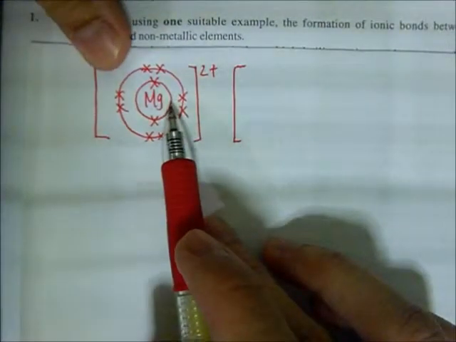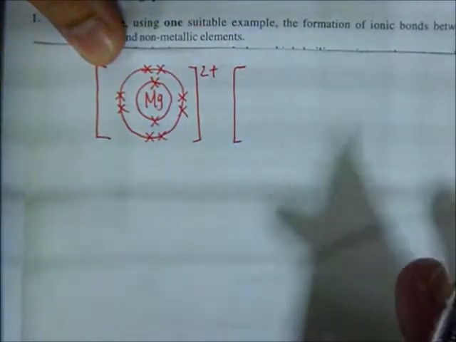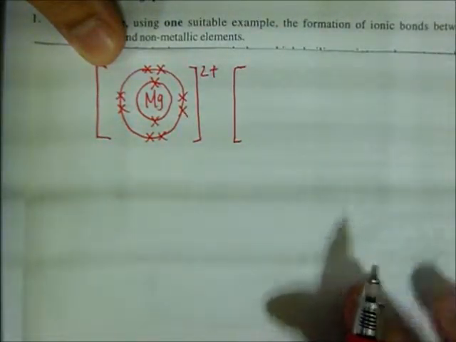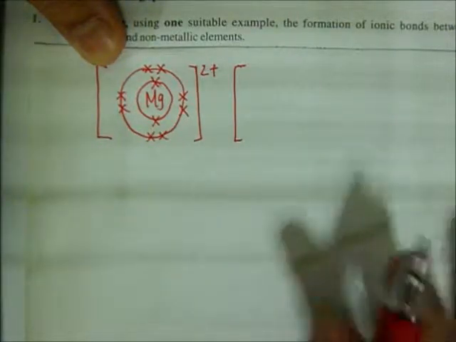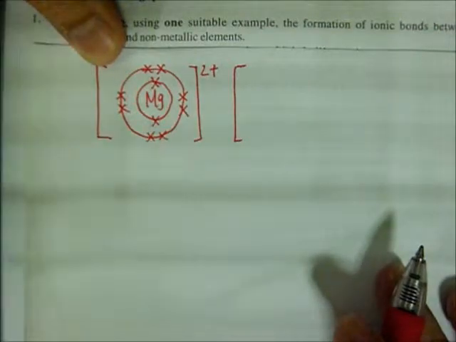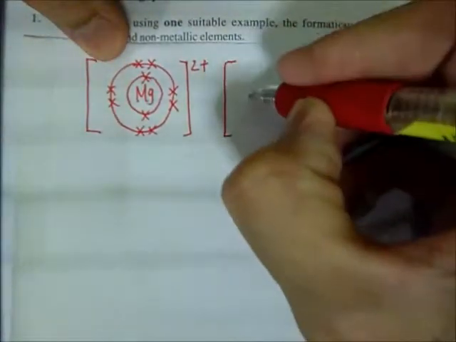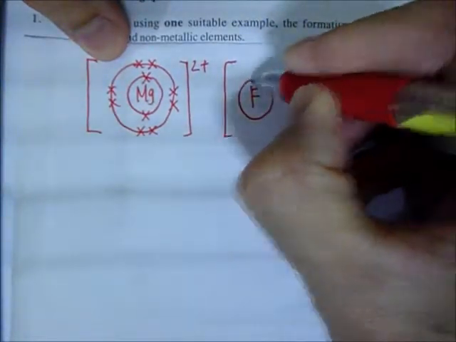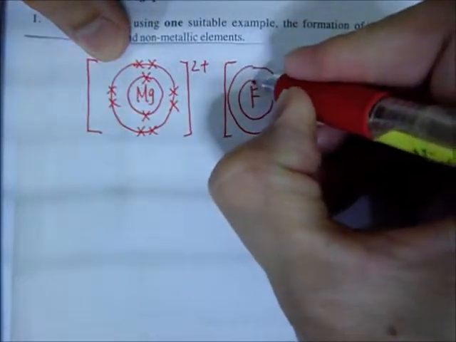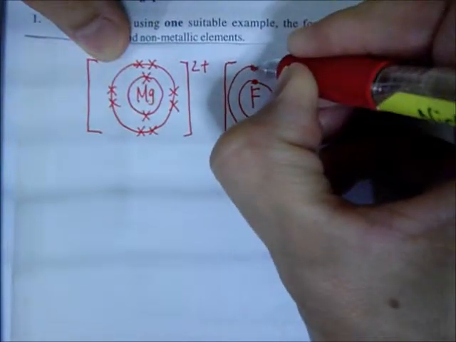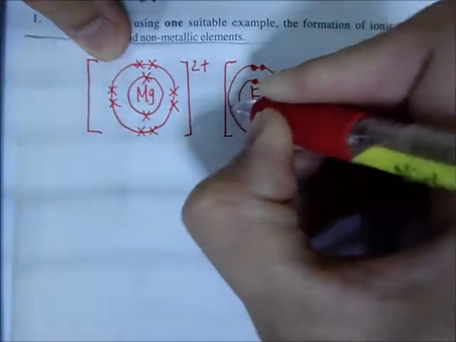But now there are 2 valence electrons from magnesium, so you need 2 fluorine atoms to accept the 2 valence electrons, because 1 fluorine atom can only accept 1 valence electron. 1 fluorine atom is 2,7 in its electronic configuration, so it needs 1 extra electron. So fluorine goes to 2,8. Okay, now it's 2,7.